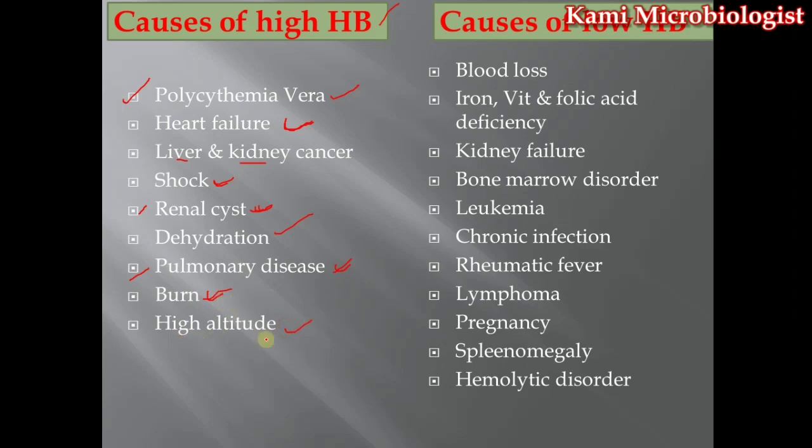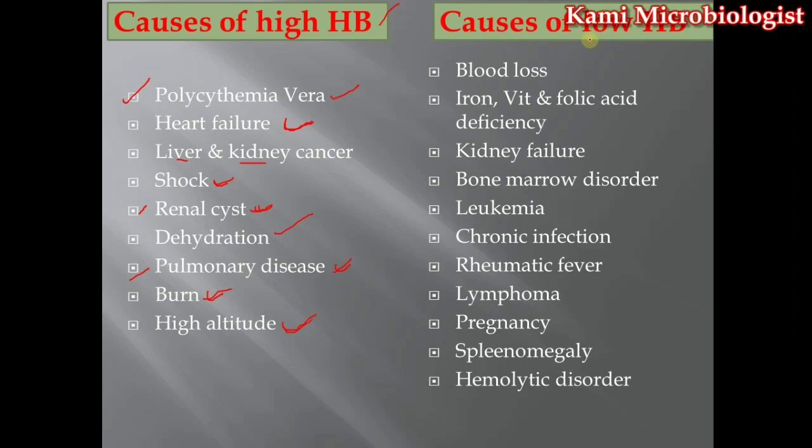At a higher altitude, just think about that. If people are living at a high area, at the mountain or hill area, what happens? The oxygen concentration needs to be increased at that area. That's why the hemoglobin concentration is high.